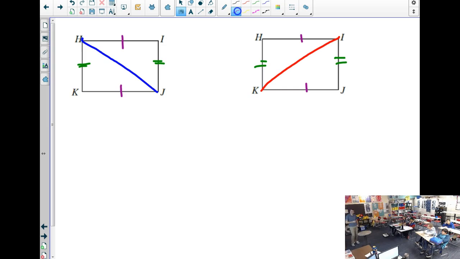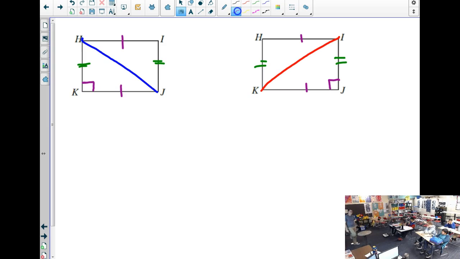Are we trying to prove that the diagonals are congruent? Yes, you are proving the diagonals are congruent. So triangle AIJ equals HK. You do side angle side. Wait, no, not IJ. IK equals HJ. Look, HKJ is a right angle. We know that from the definition of a rectangle. So you can do side angle side. Easy peasy.